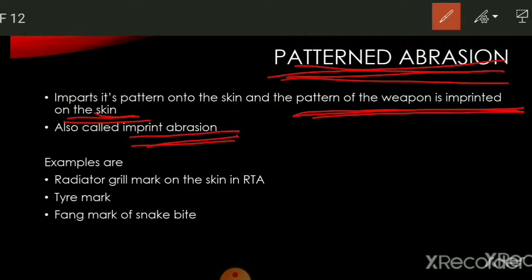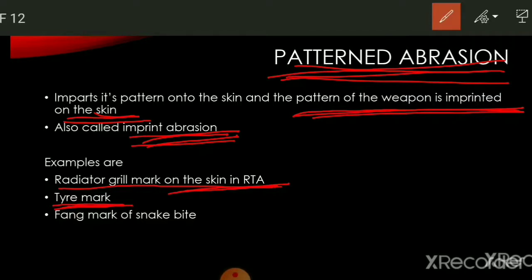Patterned abrasion is also known as imprint abrasion because the pattern of the weapon is imprinted on the skin. Examples are radiator grill mark on the skin in case of road traffic accident, and tire mark, if the marks of the tire are imprinted on the skin.